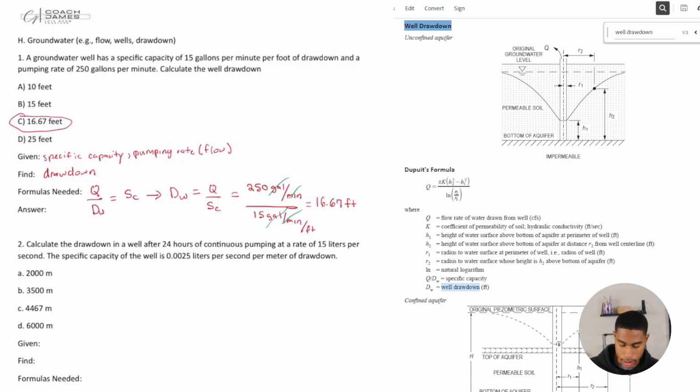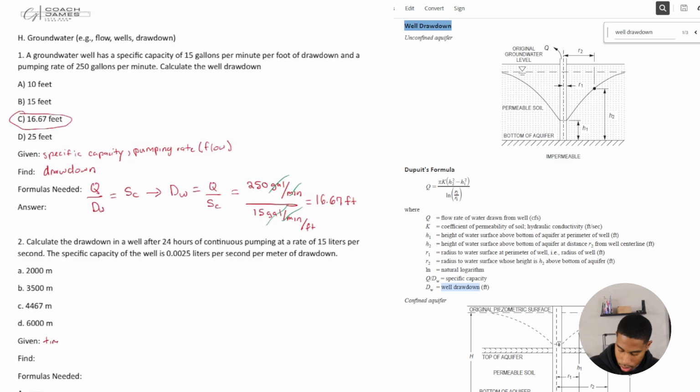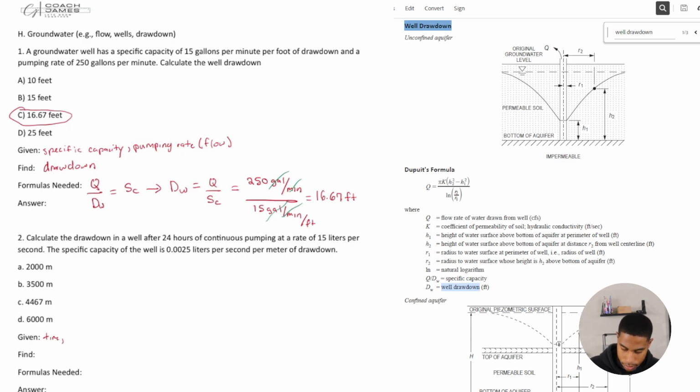So what information are we given? We're given time, after 24 hours. We're given flow, a pumping rate of 15 liters per second.